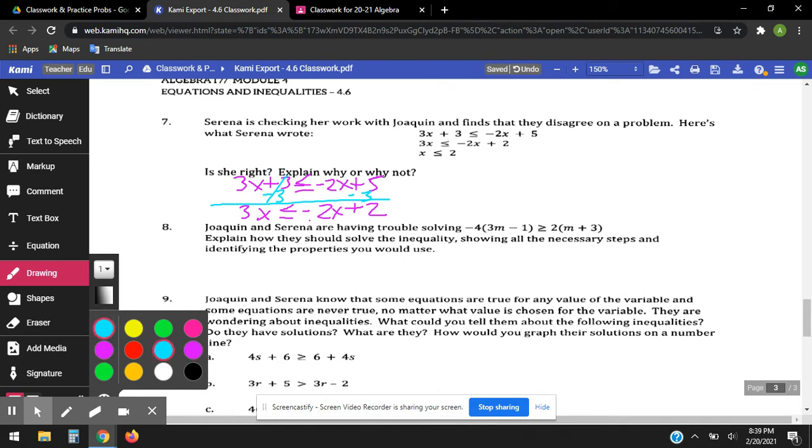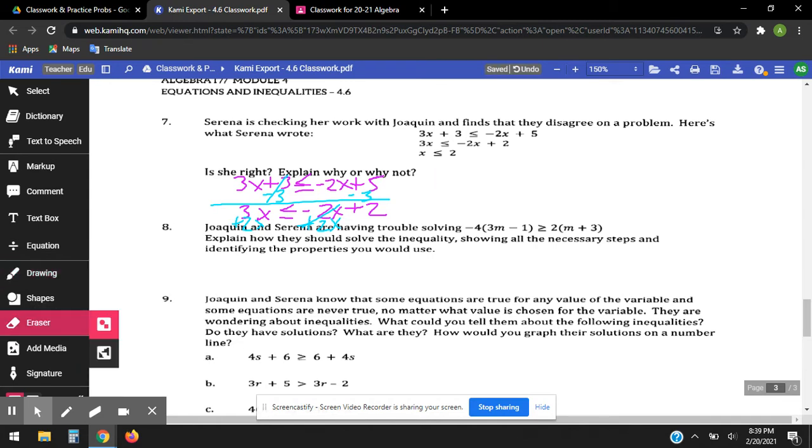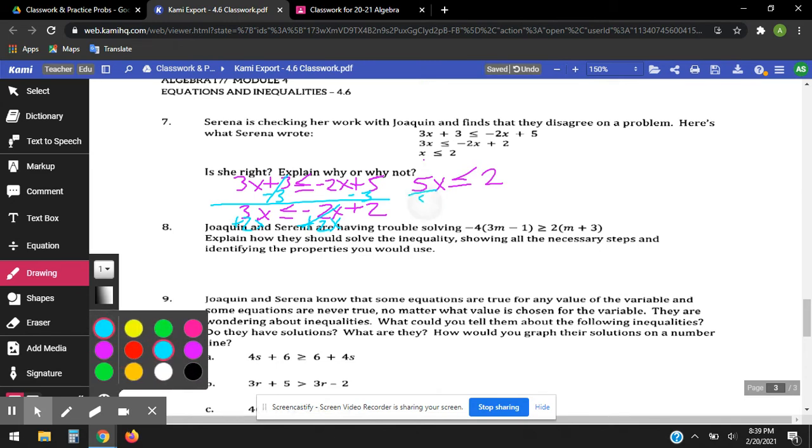Here I have 3x plus 2x is 5x is less than or equal to 2. Nope, we don't agree, because now we need to divide by 5. x is less than or equal to 2/5. So that's what I end up with as my answer.